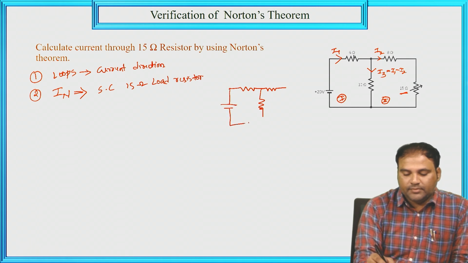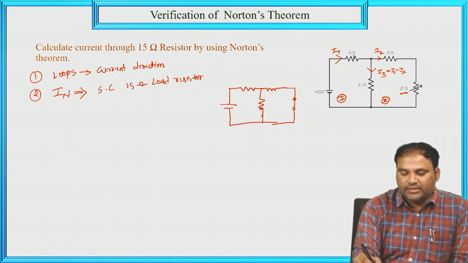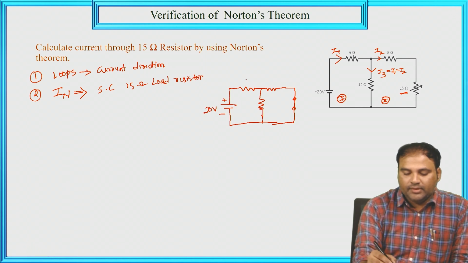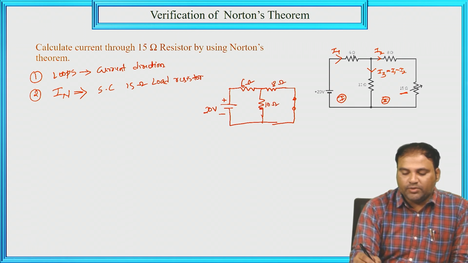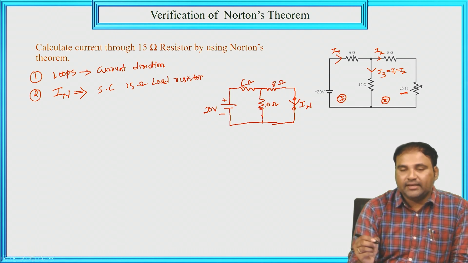In this case, we need to short circuit the load. So here the load is short circuited. The source is 20 volt, this is 6 ohm, this is 8 ohm, and this is 10 ohm. And across the load we need to find out the Norton's current IN.